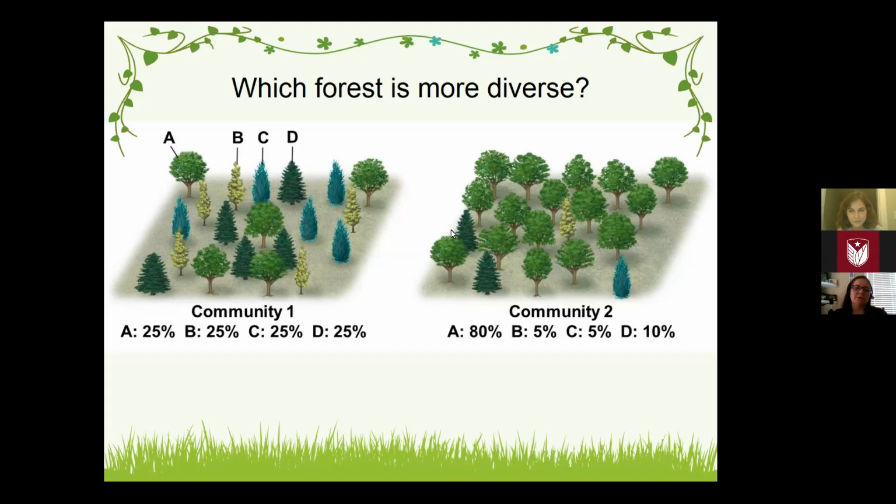And so when you look at this, you might say, well, if the number of species tells us how diverse a community is, we have 4 species in community 1 and 4 species in community 2. So if you didn't actually see this diagram, you would say they are equally diverse.